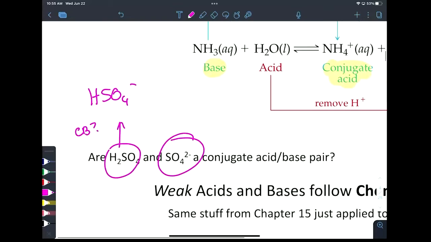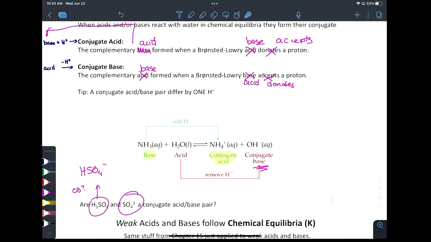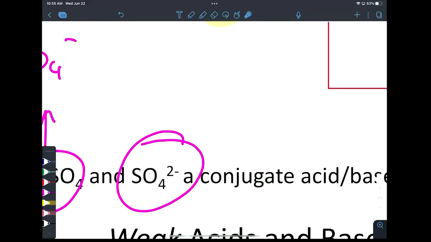What about SO4 2-? Can we make a conjugate base here? So for a conjugate base, we lose a hydrogen, we lose a proton. For SO4 2-, are there any more hydrogens to lose? No. So SO4 2- only has a conjugate acid. It can gain hydrogens instead, all right?